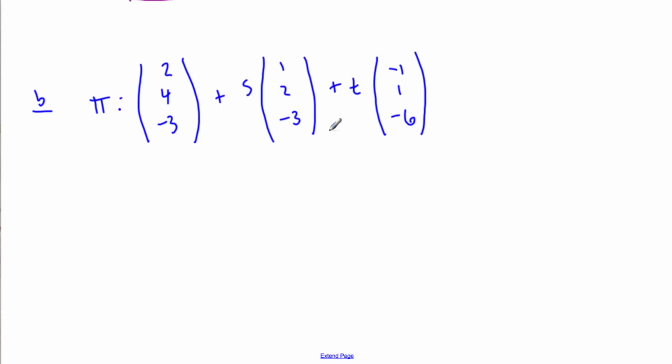All we have to do now is convert it into Cartesian form. So to do that, I'm going to find the cross product of its two direction vectors. So that's (1, 2, -3) and (-1, 1, -6). So 2 times -6 is -12, plus 3, so that's minus 9.